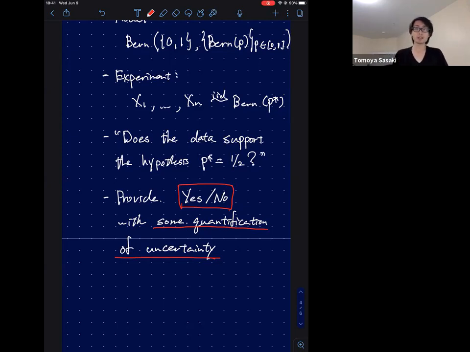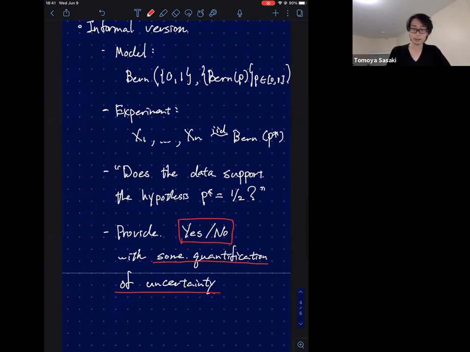That's another quantity you get when doing hypothesis testing, and it's very important, because it's almost impossible to say something with 100% certainty. So you need some uncertainty quantification, and that's what statistical hypothesis testing is going to give you.